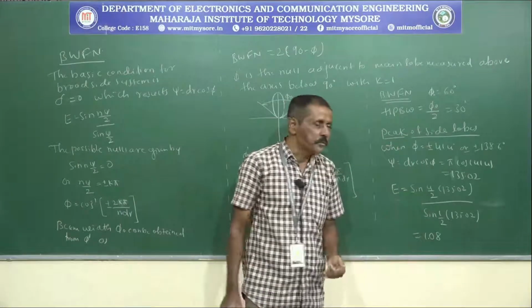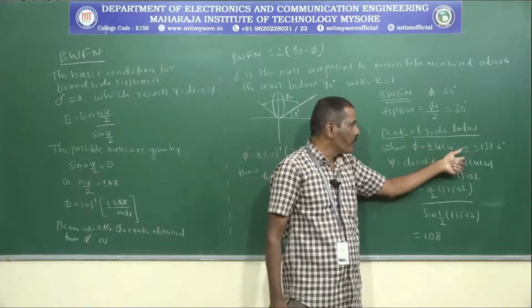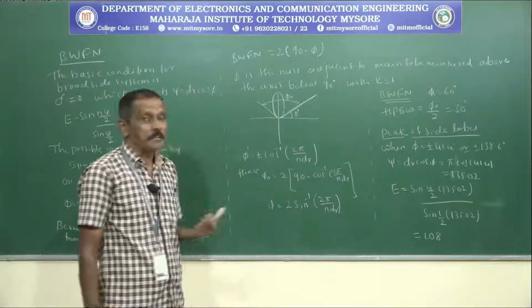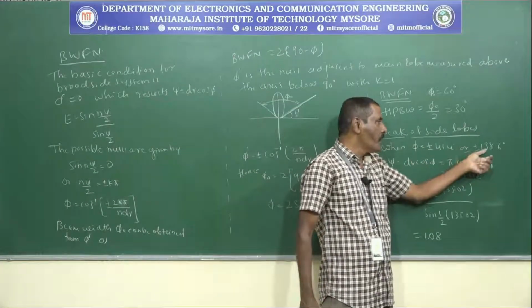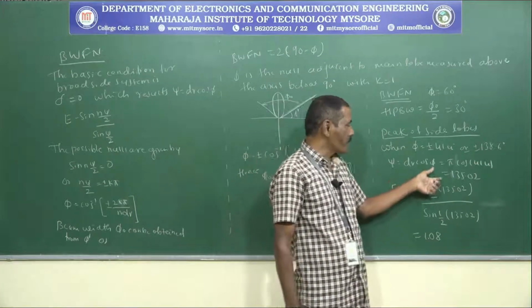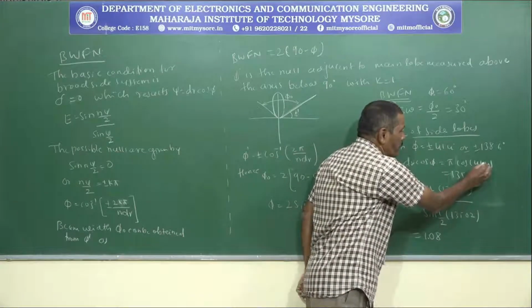and peaks of the side lobes are obtained when phi is equal to 41.4 or 138.6. That is, peaks of the side lobes are obtained at angles of 41.4 and 138.6. Now, psi is equal to dr cos phi. This is equal to pi into cos of 41.4.